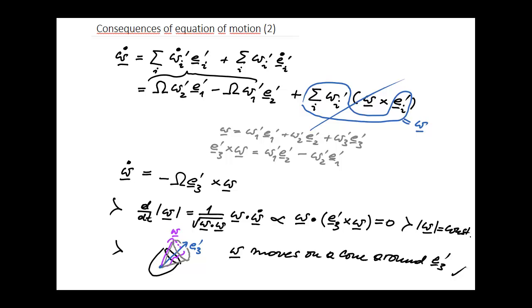Even more than that, we can also read off from this equation for omega dot, since the capital Omega is constant, and the basis vector E3 prime always has length 1, it's a normalized basis vector, that if omega moves on the cone around E3 prime, the angular frequency with which it moves around E3 prime is constant in time.